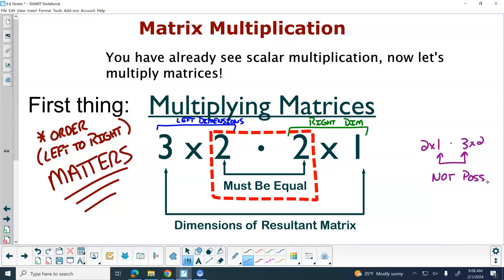The nice thing is also that when these two middle numbers are the same, your outer two numbers are the dimensions of your answer. So these two matrices multiply together because those middle two numbers are the same, and the end result is going to be a 3 by 1 matrix.